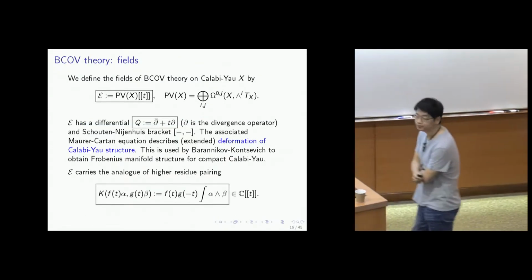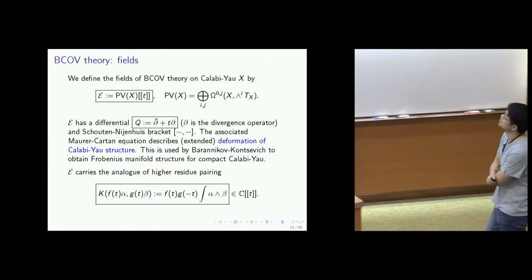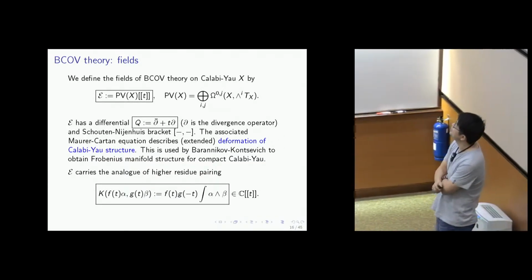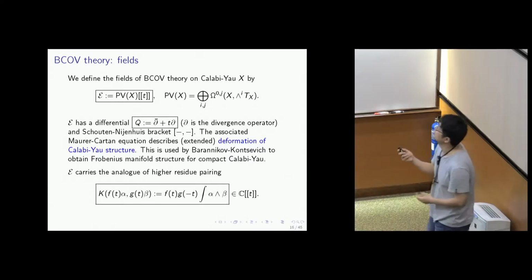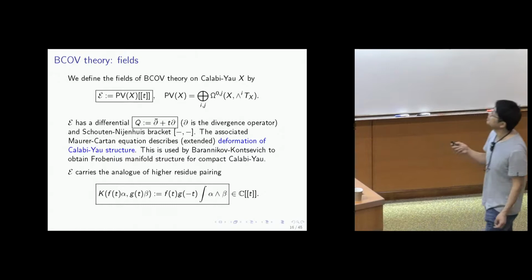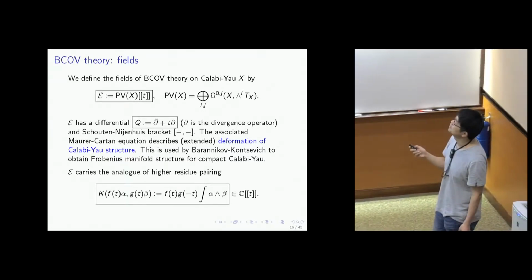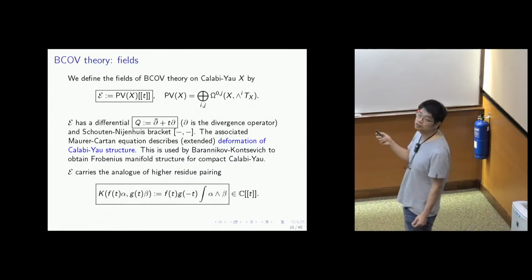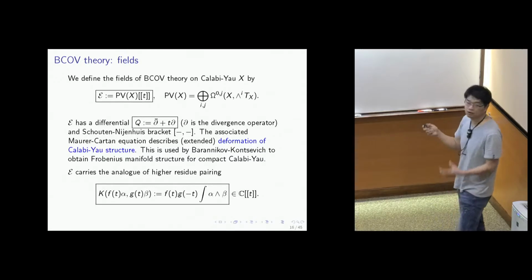Now, here, this is our definition for the fields of BCOV theory. And I hope I motivated the definition a little bit from the Calabi-Yau deformation theory. So these are polyvector fields with a formal variable t. So these are all smooth polyvector fields, that is, anti-holomorphic forms valued in the exterior algebras of holomorphic tangent vectors.